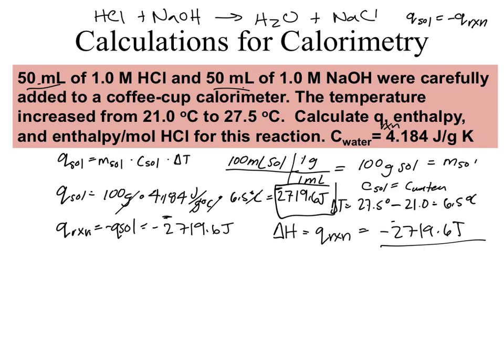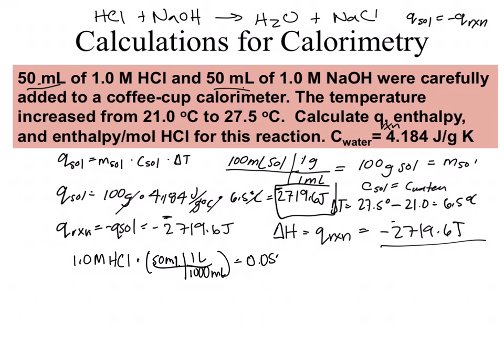If we take our 1.0 molar concentration of HCl and multiply it by our volume in liters, the conversion of which looks like this, with 1,000 milliliters for every 1 liter, this gives us 0.05 moles of HCl.